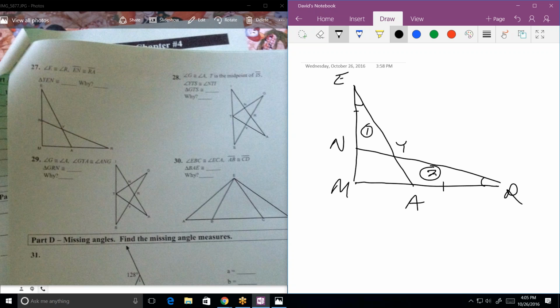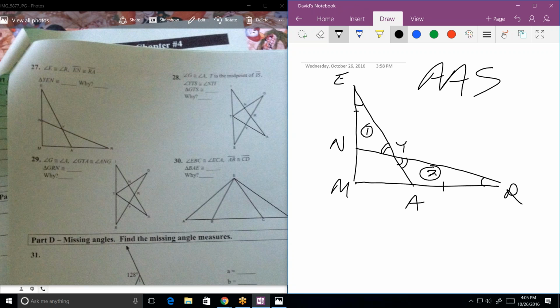Or R, Y, A, and then N. Yeah, that's vertical angles. So those two angles are congruent. And now I have angle, side.